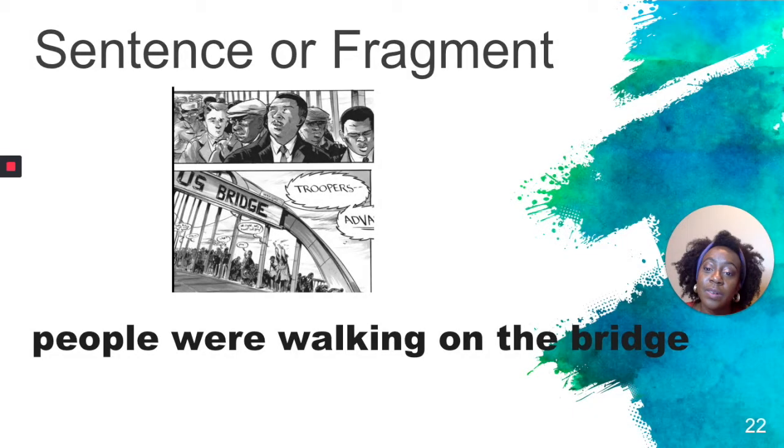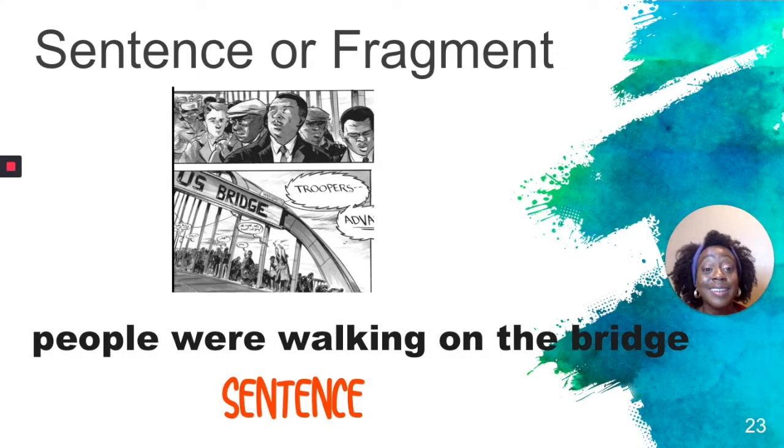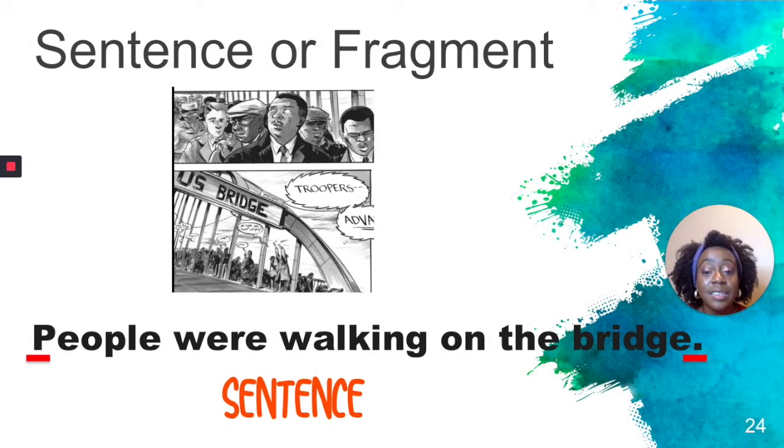Let's review. People were walking on the bridge. Is it a fragment or is it a sentence? It is a sentence. It's a sentence because we have a subject, people, and a complete predicate.